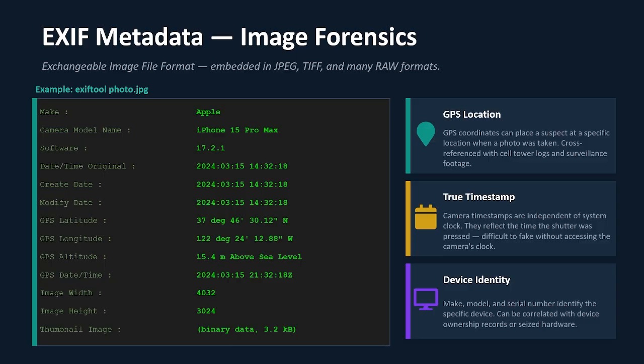It will be the true timestamp, which is independent of a system clock, and those are timestamps which are hard to fake. If someone says that they're somewhere and their camera says that they were somewhere else, well, that throws into question all sorts of things.